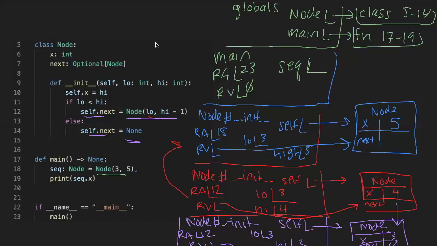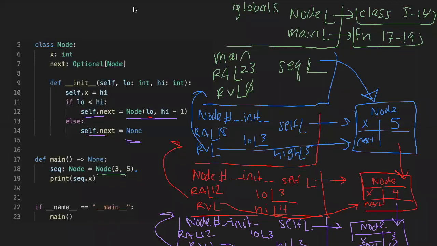So let me fill in the purple arrow. So this sent us back up here. Okay, and now this node's next points to the node with 4 in it, and then we return back up to main, and this sequence variable points to the head of our linked list.